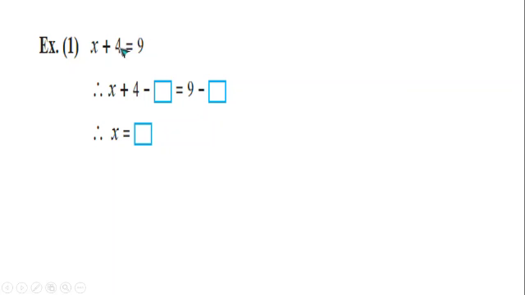In this way, I'll have my equation as x plus 4 minus 4 equal to 9 minus 4. Therefore, x becomes 5, as plus 4 and minus 4 get cancelled and 9 minus 4 becomes 5.